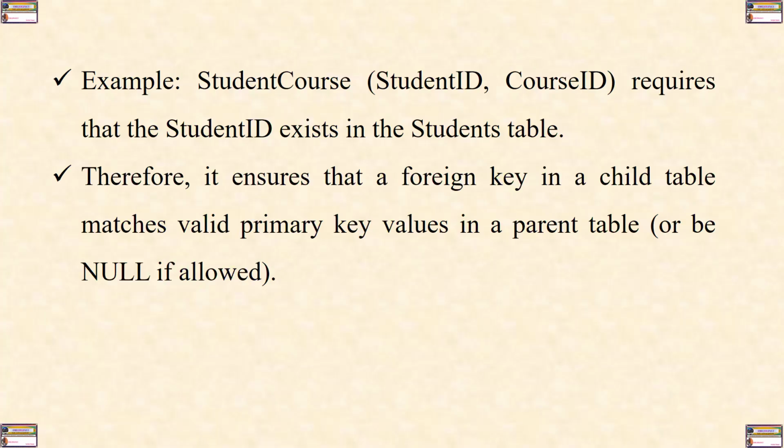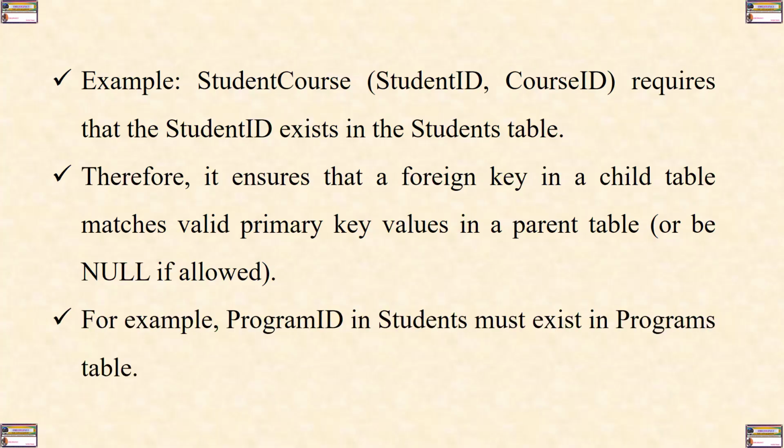Therefore, it ensures that a foreign key in a child table matches with valid primary key values in the parent table. This means that the primary key in the parent table cannot be null, and the foreign key cannot be null or empty. For example, program ID in students table must exist in programs table.